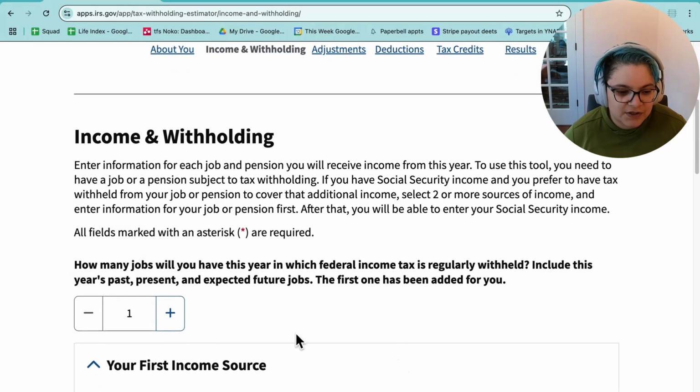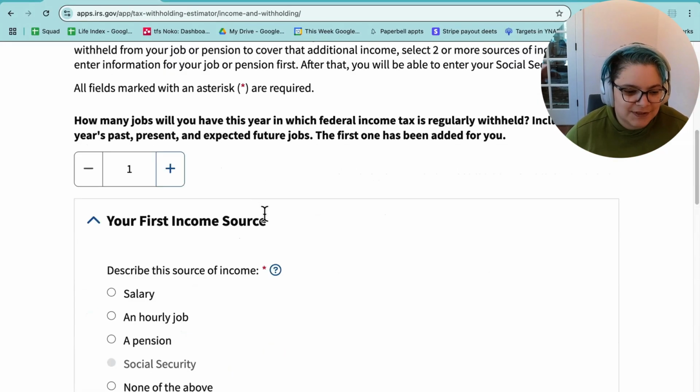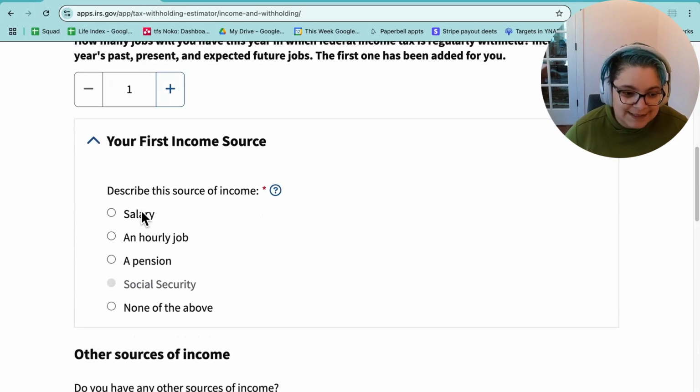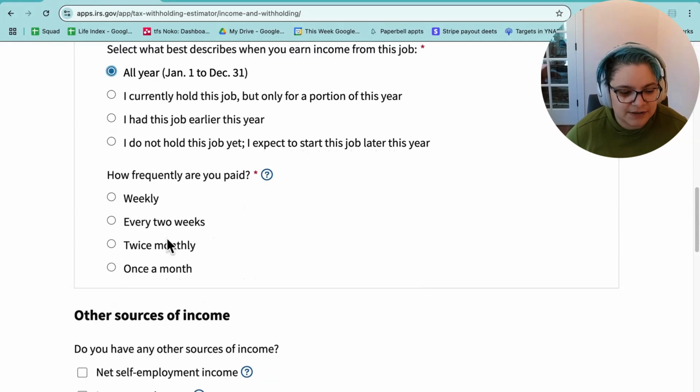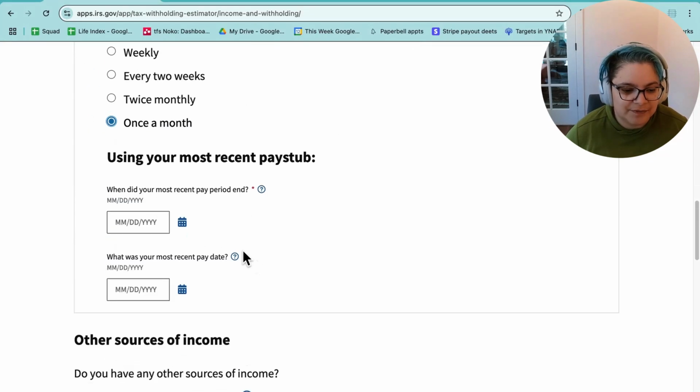Okay, so if you don't have any jobs on your tax return, you or your spouse, if you're filing jointly, you're going to make one up at this point. And you are going to say that you have a salary, that it's going to pay you all year, and that it pays you once a month. You're going to say your most recent pay period was the end of last month.